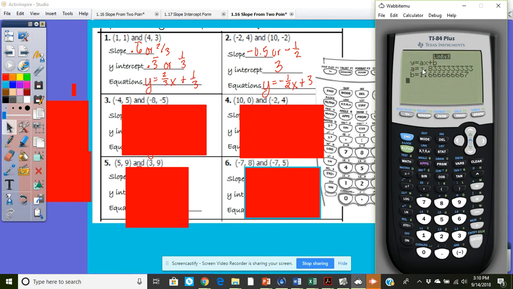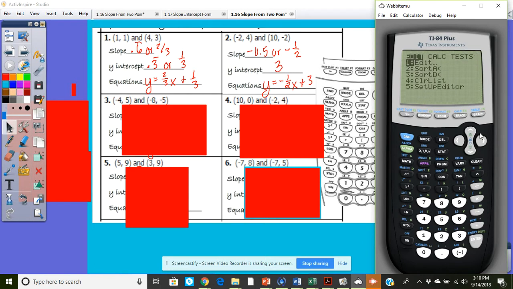This time I got a -0.8333 and a 1.67. I don't think I put my values in, so I'm going to check my list again. So -4, I did mess up. That's why you've got to be careful to check your list. This should be a -8. I apologize, guys.